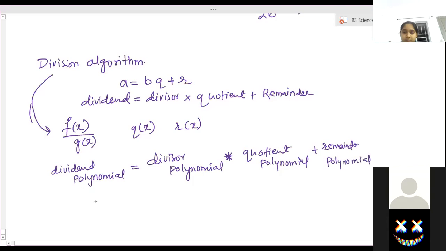So it is written as f(x) is equal to g(x) into q(x) plus r(x).